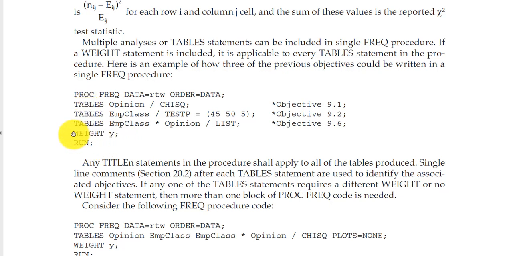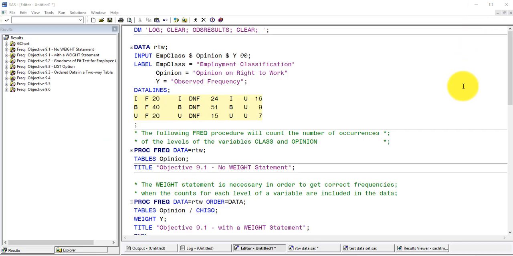Just remember that this weight statement is going to be applicable to all of these, and so that's something you need to be aware of. And I would encourage using single line comments or something similar to label what each of these is doing, so that you understand where they come from. And so that would be, again, single line comments are in section 20.2 of the book.